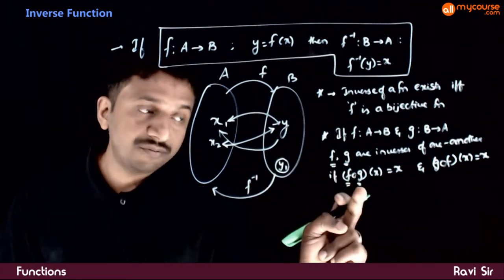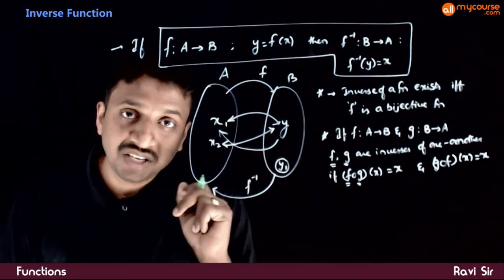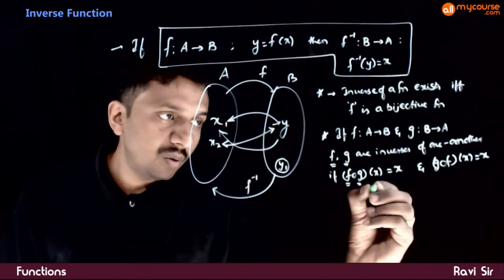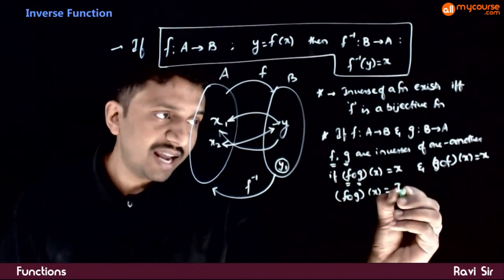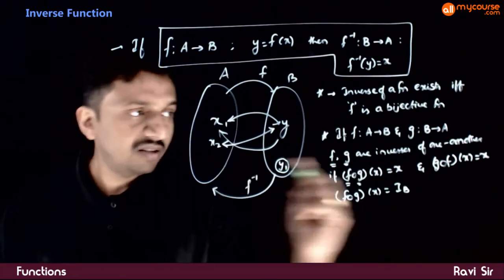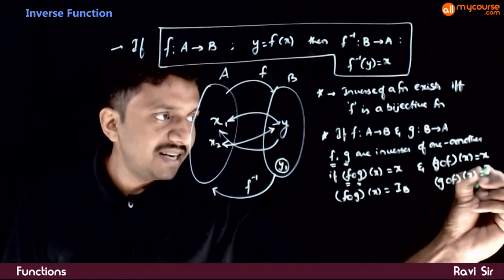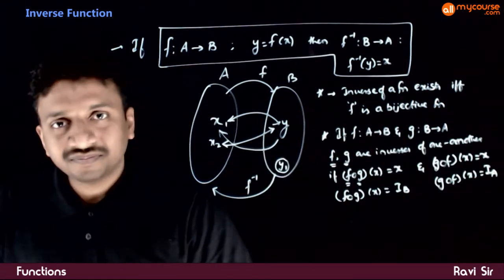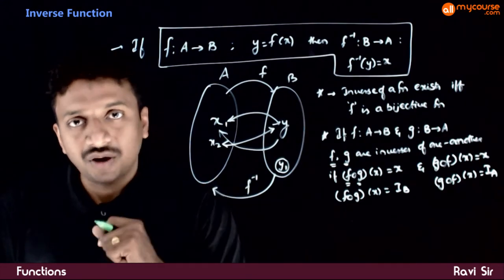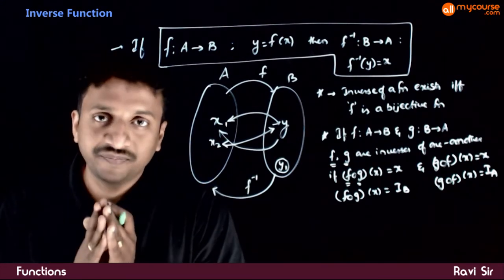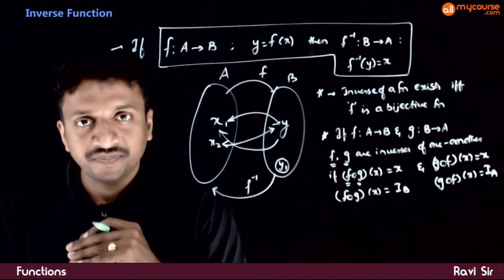So the domain of FOG is the domain of g, that is B. So FOG of x has to be an identity function on the domain B, and GOF of x has to be an identity function on the domain A. So if this condition is valid, then f and g can be thought of as inverse functions of one another. So this is also a mathematical definition for inverse functions.